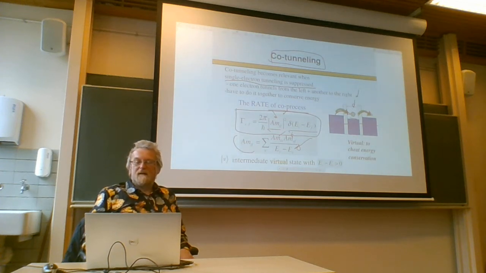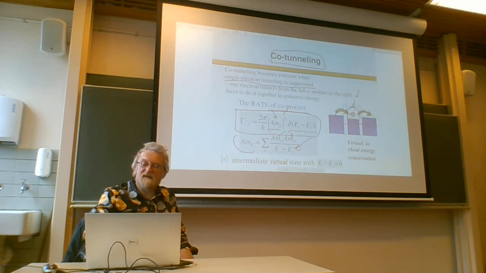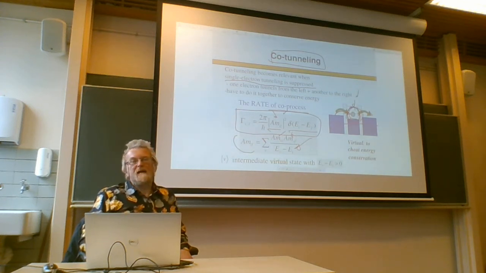Good. So, electrons will go through the virtual state, and this virtual state is a state with one extra electron in this island. Why?